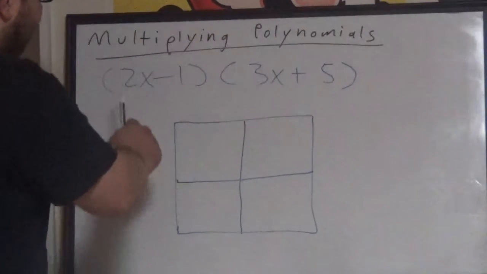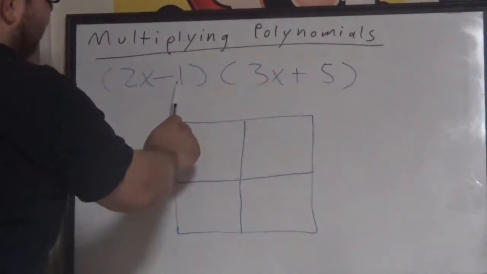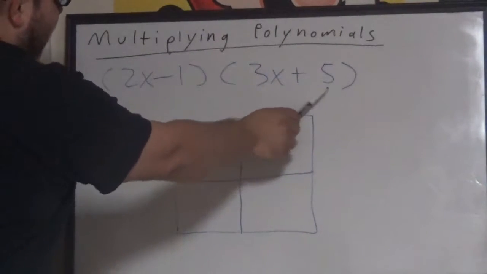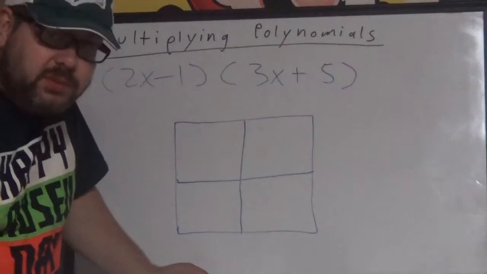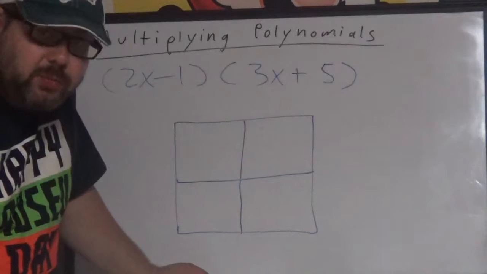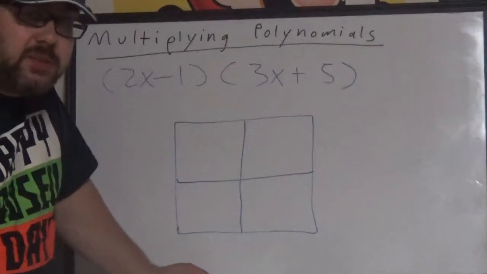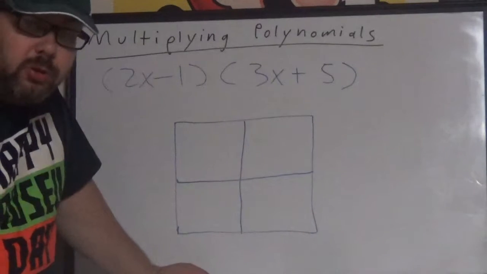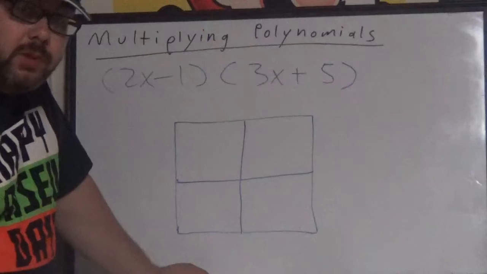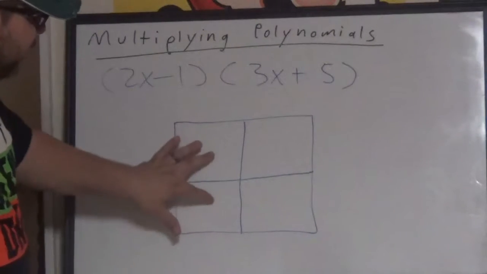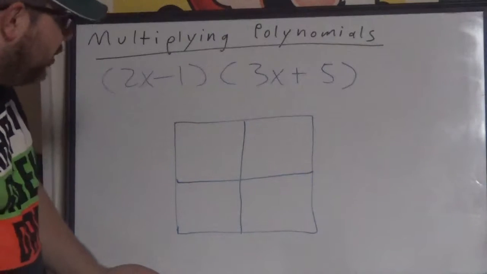So we're going to essentially distribute 2x times 3x and 5, and then distribute negative 1 times 3x and 5. Now, in theory, it seems kind of simple, like, oh, you're just distributing twice. Well, that's a lot of terms. You'll wind up with 4 products when you're done.